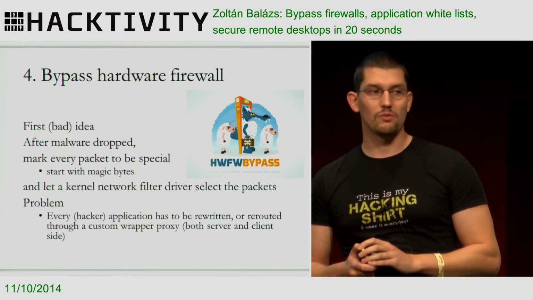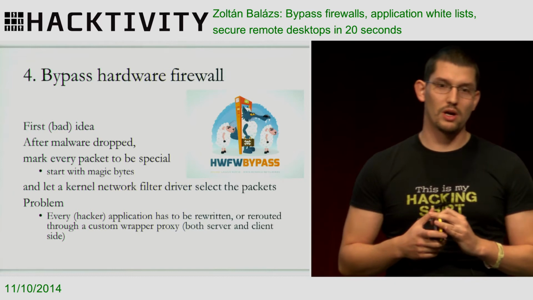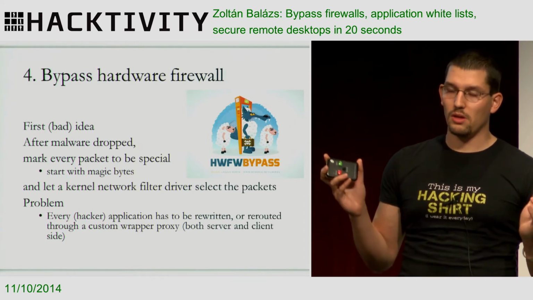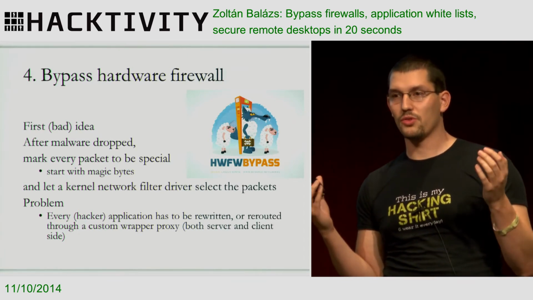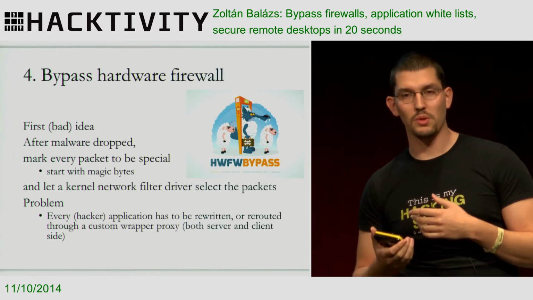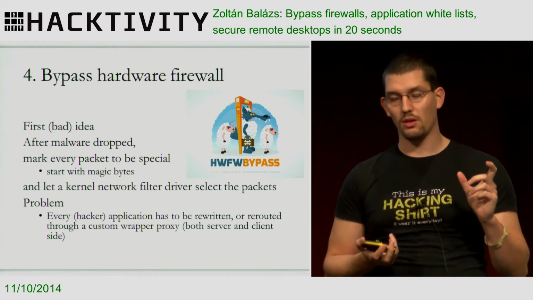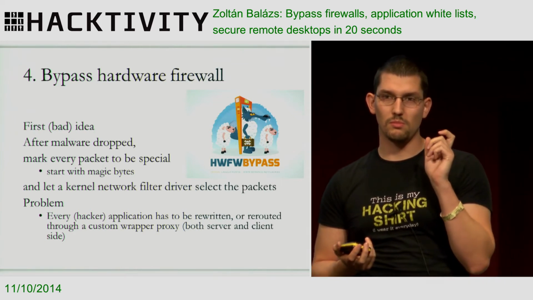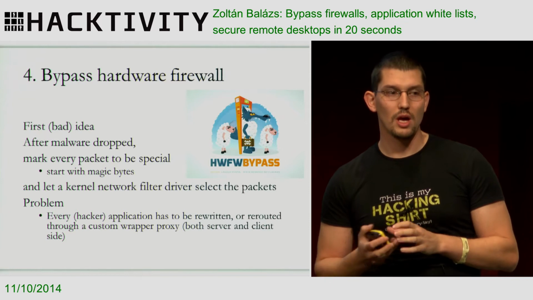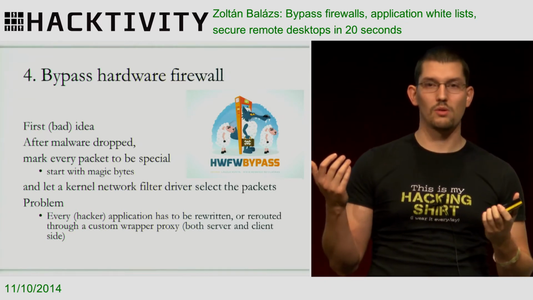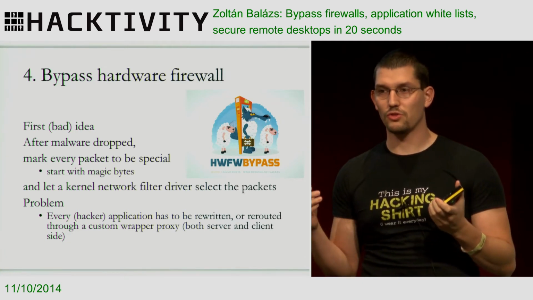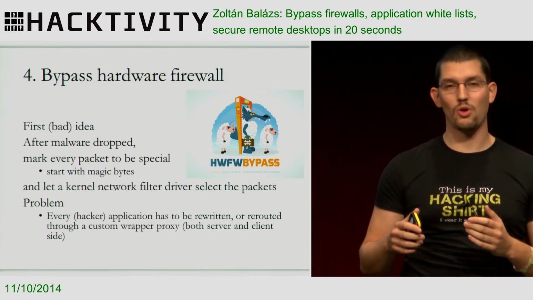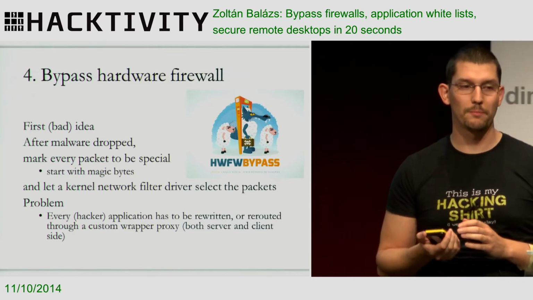So my first idea was that after I can run code with admin privileges on the RDP server, how about making an application which monitors all the incoming network traffic on the RDP server, and if the starting bytes of the network flow match a magic byte I set, I can see that this is traffic which has to be handled differently, so it should not connect to the RDP server process, but it should be forwarded to my bind shell, for example.